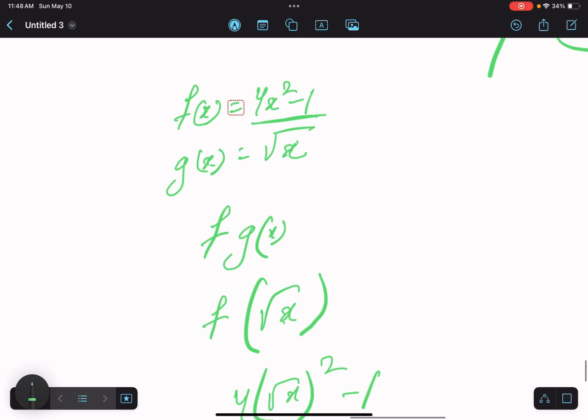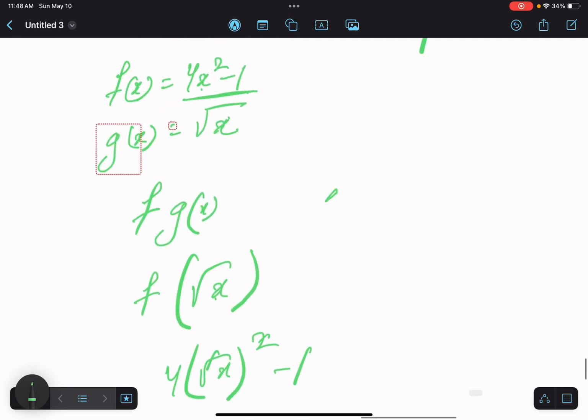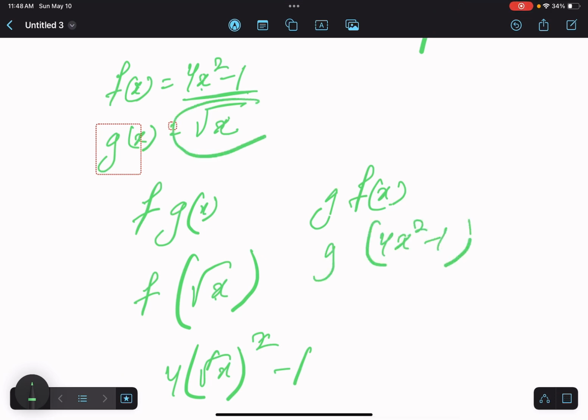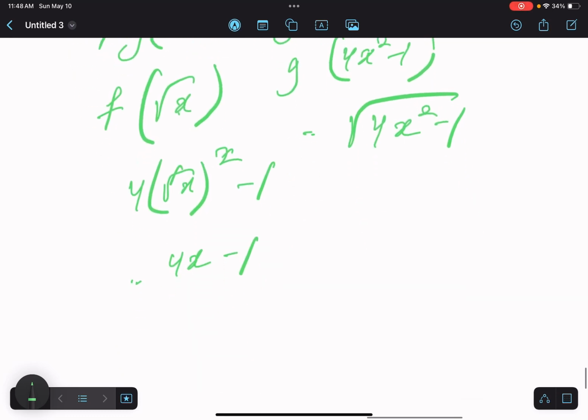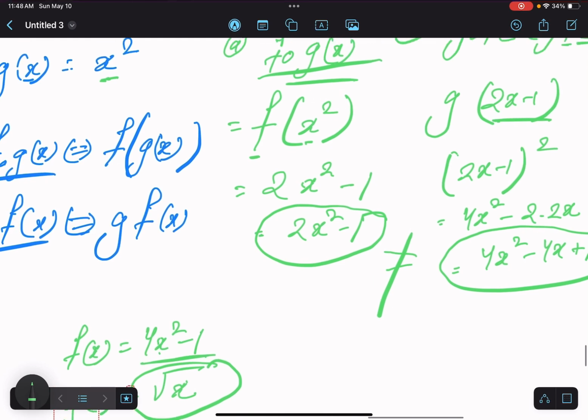I am just substituting this x in there, which gives me 4x minus 1, because the square and the root cancel out. That gives me 4x minus 1, right? And how do you write g of f(x)? Function f is 4x square minus 1, and if I just put root over this it gives me root under 4x square minus 1. Here also you can see that these two are not equal. Okay, this was the concept of composition.